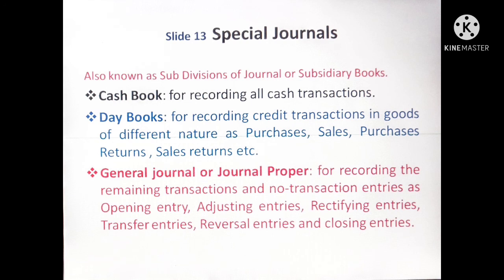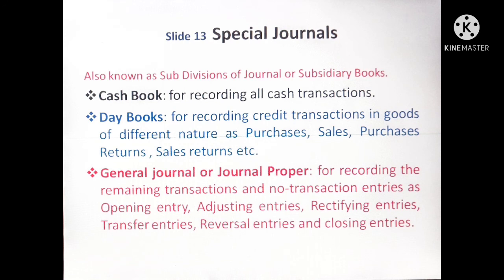Then a general journal or journal proper is used for two purposes. One, for recording the transactions which cannot be recorded in cash book or the day books stated above. And two, for recording no-transaction entries, that is entries which the accountant has to pass in the journal book even though actually there is no transaction, such as opening entry, adjusting entries, rectifying entries, transfer entries, reversal entries, and closing entries.